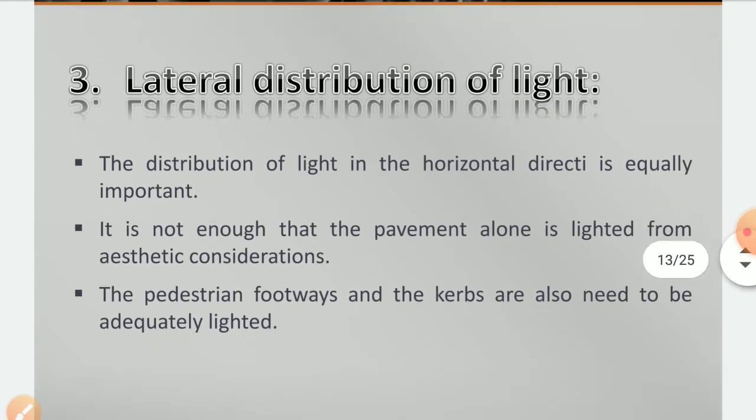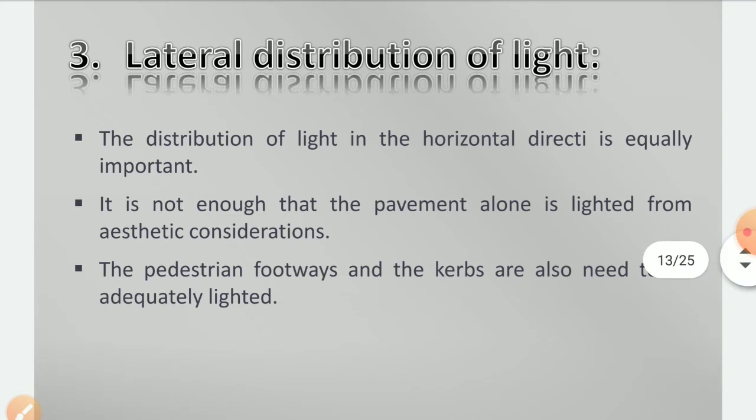Then there is the lateral distribution of light. What we discussed so far was about vertical distribution. The distribution of light in the horizontal direction is equally important. Not only the distribution of light in the vertical plane, but also the distribution in the horizontal plane plays a very important role.